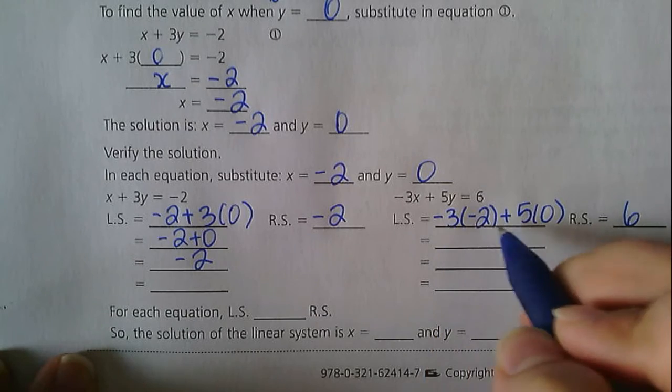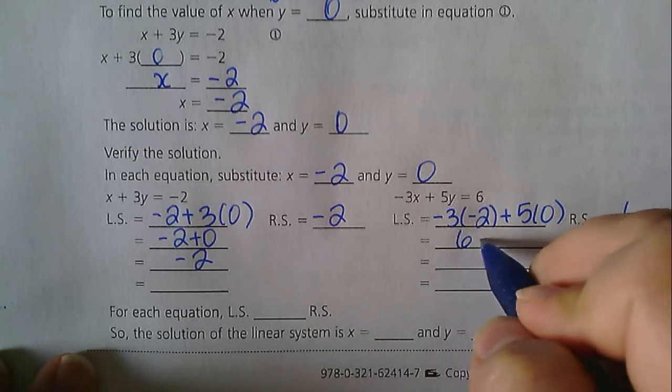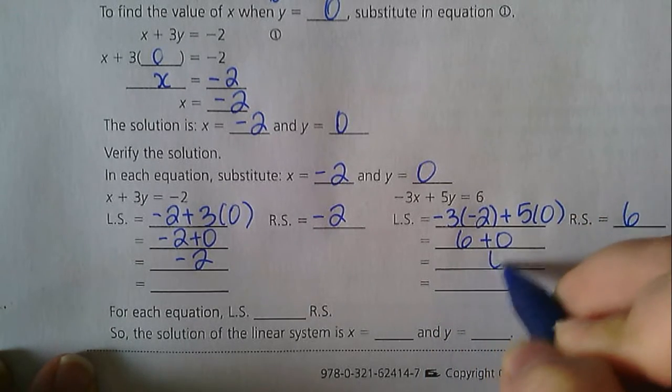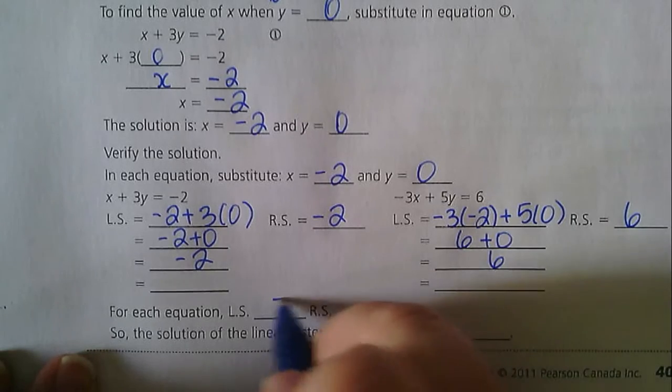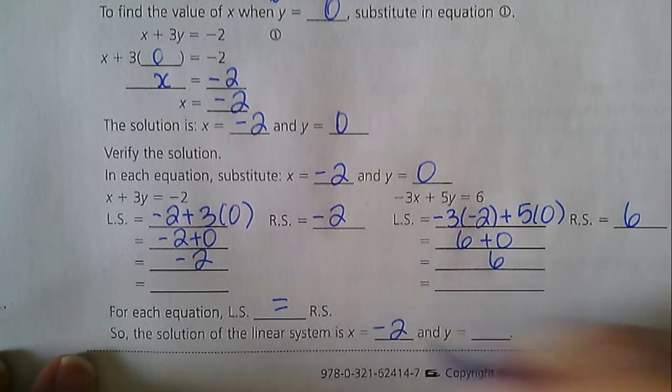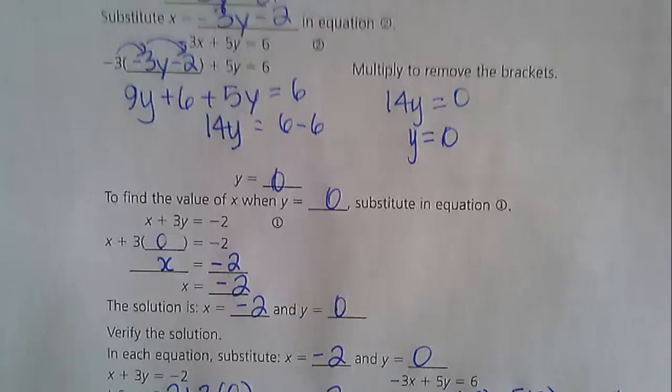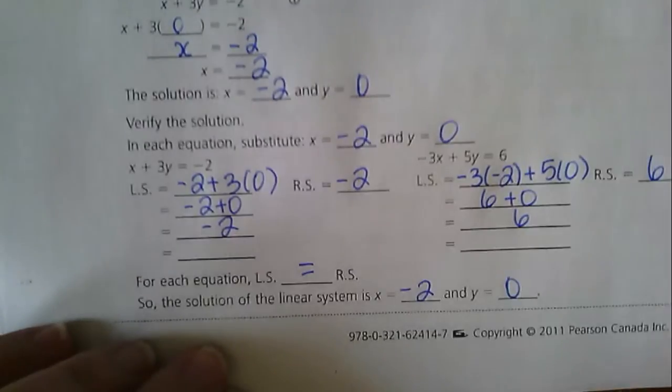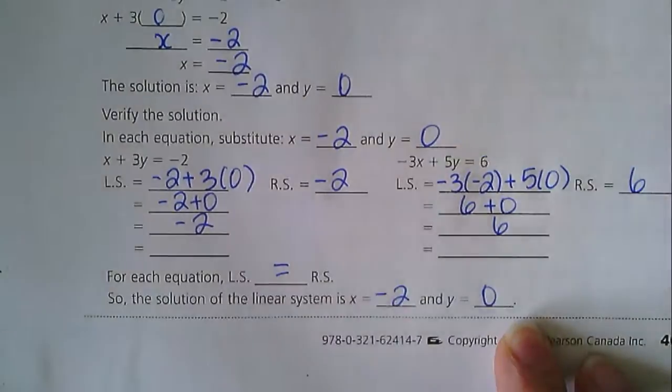So -3 times -2 is 6, plus 0 equals 6, so 6 equals 6. So the left side and the right side are equal. That means I have verified, and x is equal to -2. Y is equal to 0. Oops, sorry about that. All right, so it did work. We are happy. We have verified. Good to go.